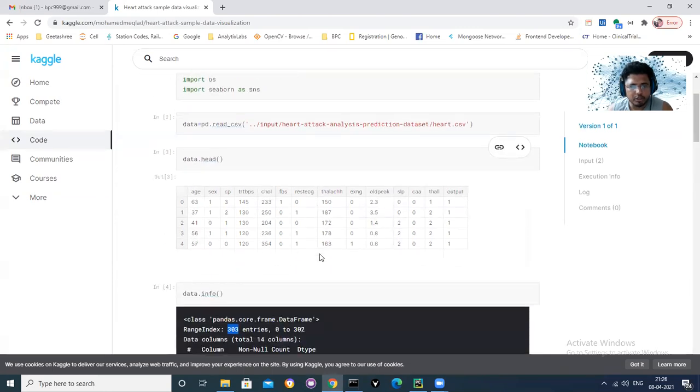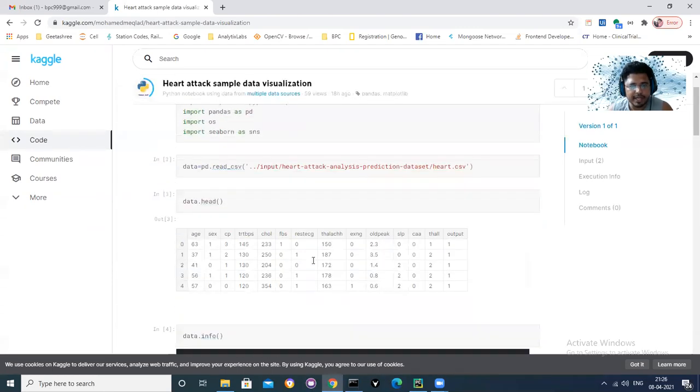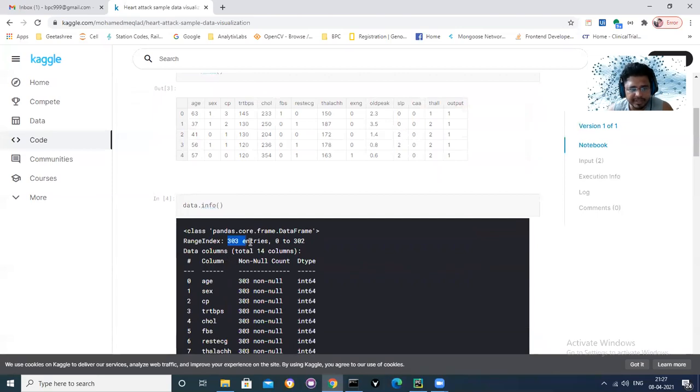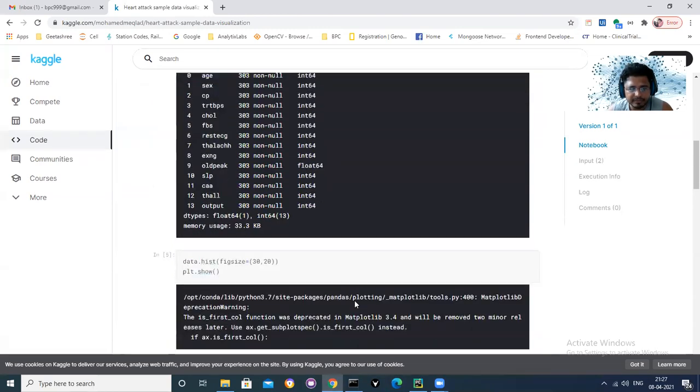So what did I do? I saw the columns. I tried to make sense out of it. I saw the number of entries. That gave me an idea that this is not big data, so I can do in-memory operations.